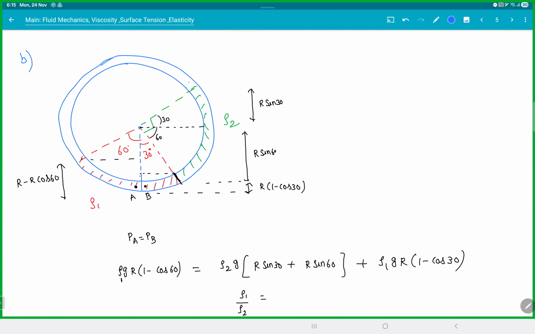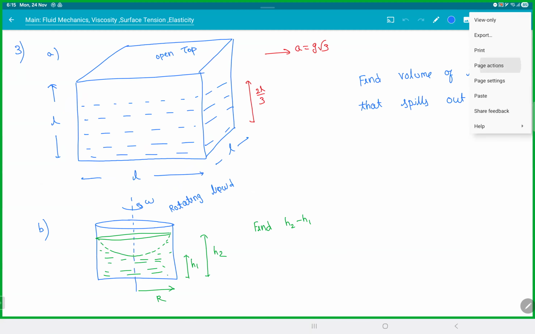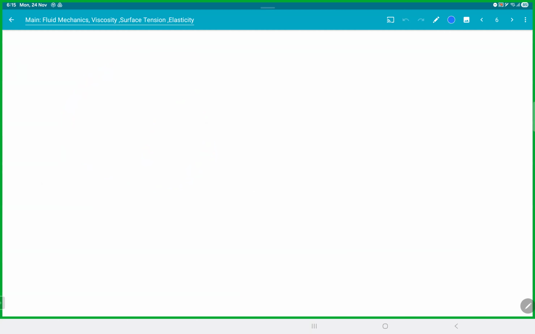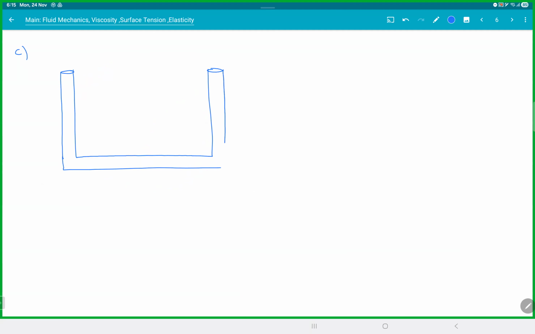Same thing in this, if you remember, there is one more type. We have a U-shaped container. This is rotating with omega. Let's say this is L by 3 and this is 2L by 3. This is another important model.